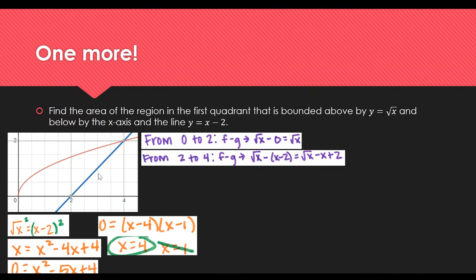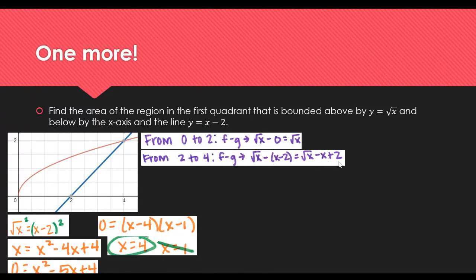From 2 to 4, my top graph is still square root of x, but now my bottom graph is that blue line, which is x minus 2. So f minus g is square root of x minus (x minus 2). Distribute your negative. So that simplifies to be square root of x minus x plus 2.